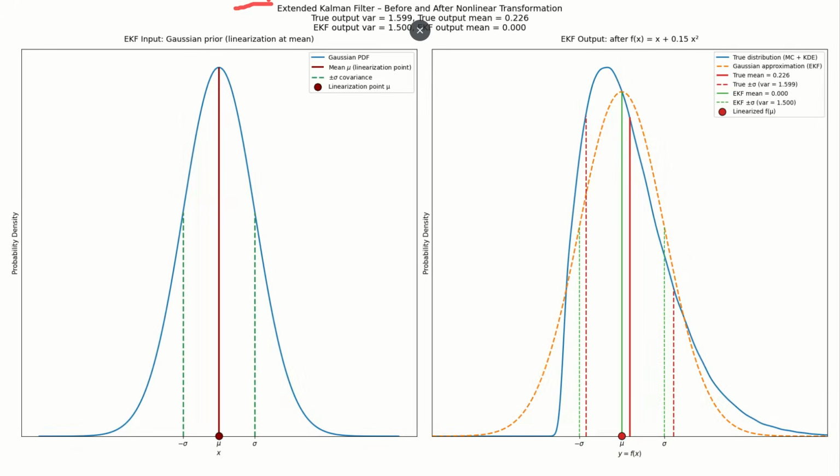The extended Kalman filter handles nonlinearity by making a local linear approximation of the models around the current mean using the derivatives of the models. It's computationally efficient, but requires calculating the Jacobian, which can be tedious or impractical if you don't know what the model is.